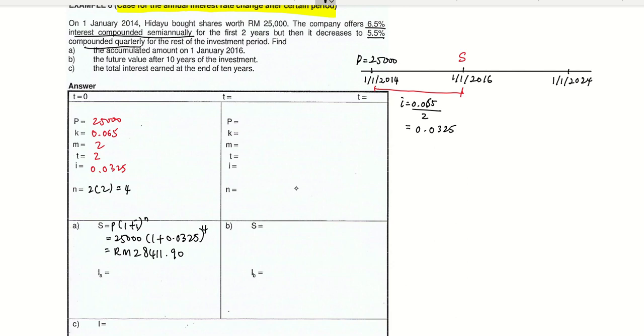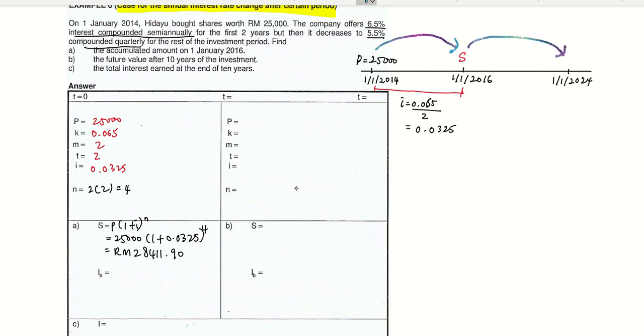So to solve question B, since we have found the amount after 2 years here, we can assume this value as the new principal in order to find the amount at the end of 10 years, for the rest of the investment period.